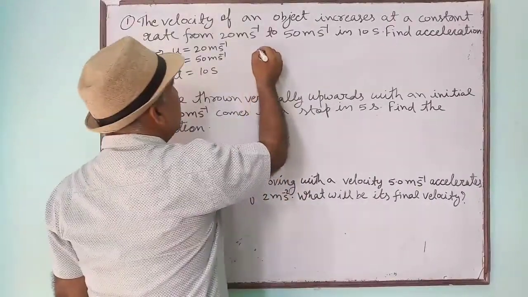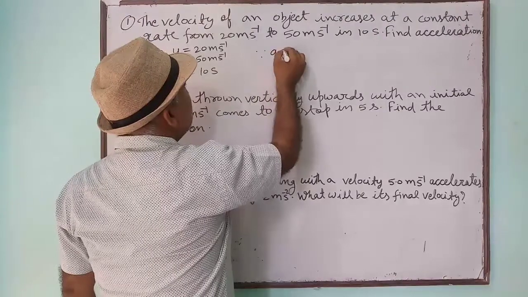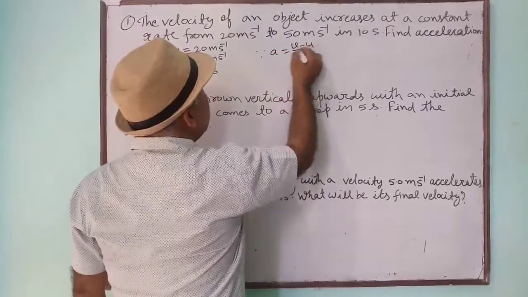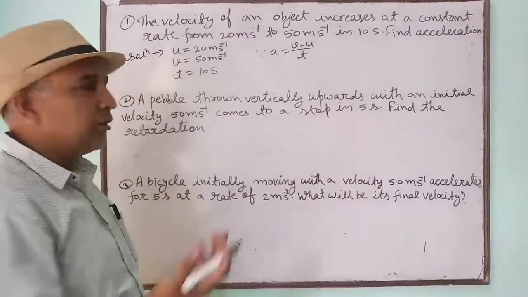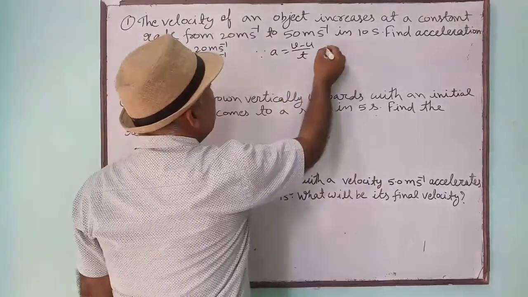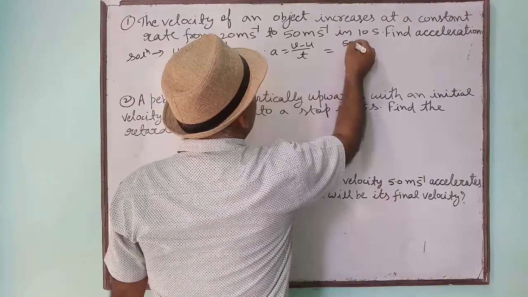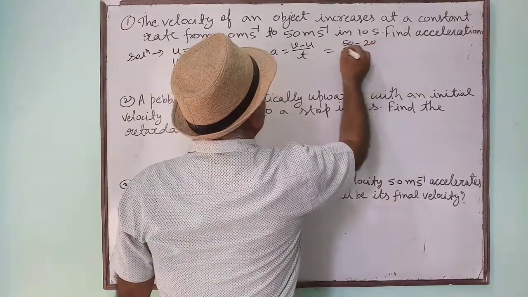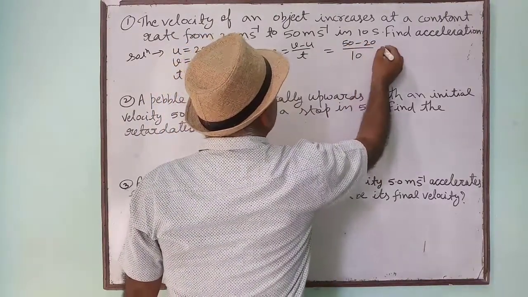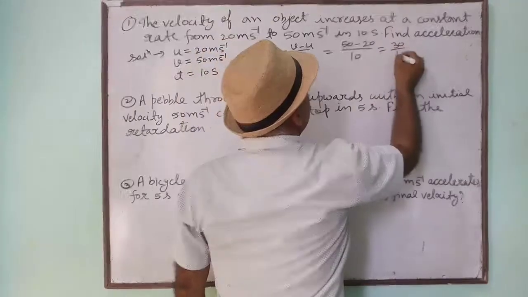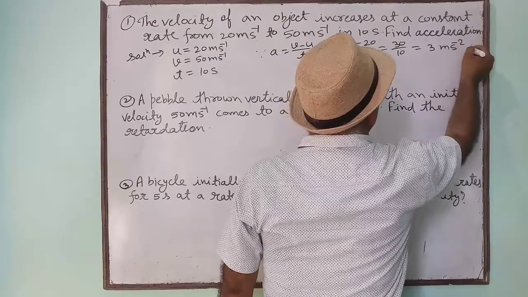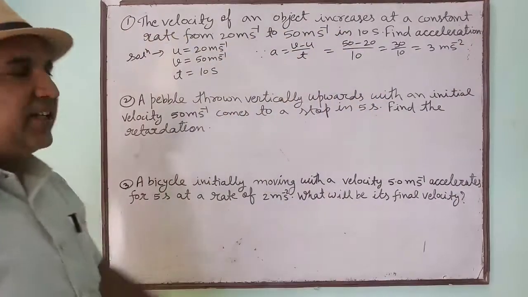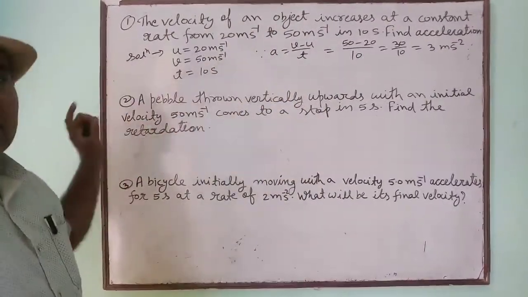We know that acceleration is equal to v minus u upon t. a is denoting acceleration. Now put the value and calculate it. v is 50, u is 20, upon 10. That means 30 upon 10, that means 3 meter per second square. Meter per second square is the unit of acceleration.